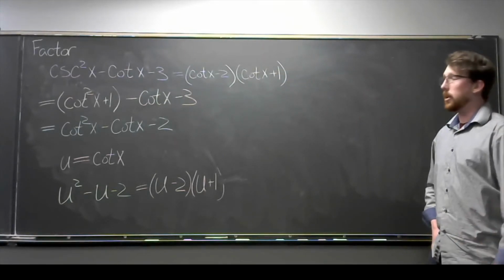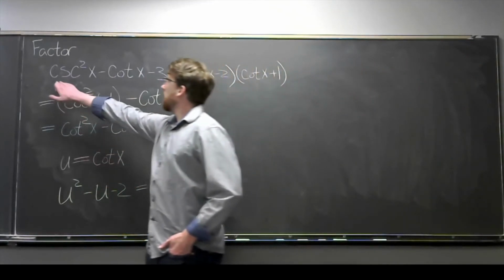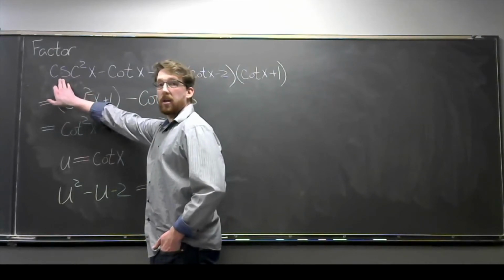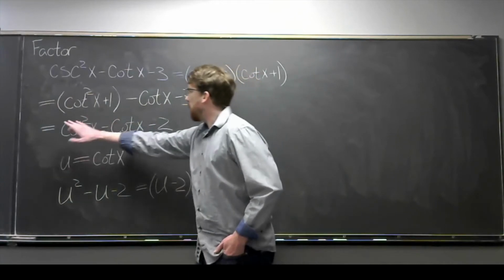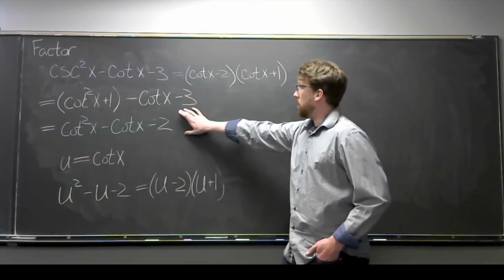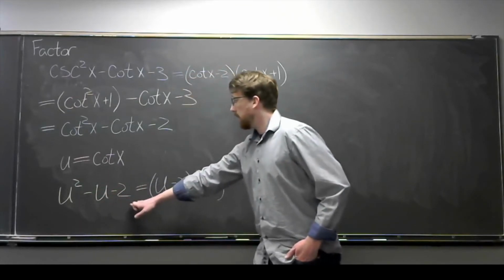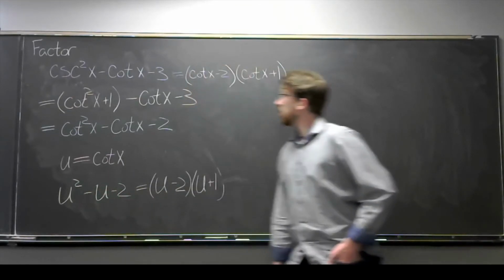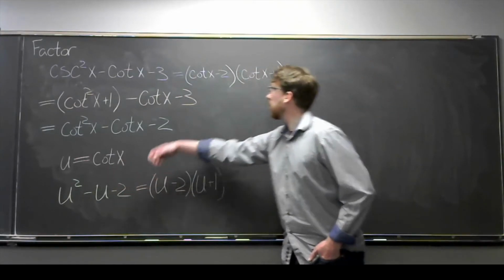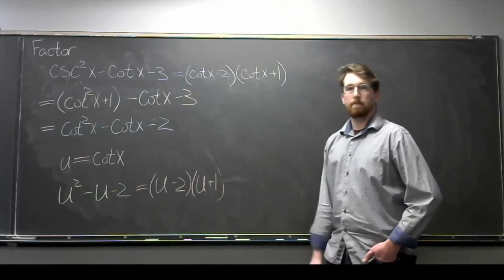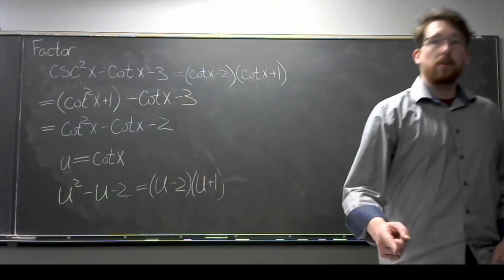And that's all there is to it. Finding out how to rewrite this in terms of cotangent, simplifying that expression, then applying a substitution to help us see how to break it up, and then substituting cotangent back in for u. That's it. Let's move on to another example.